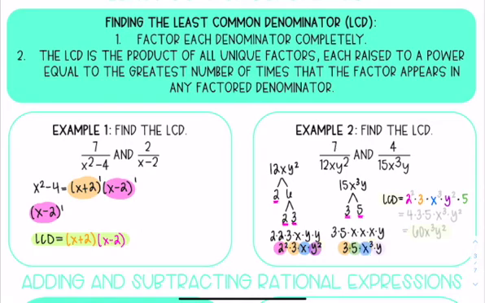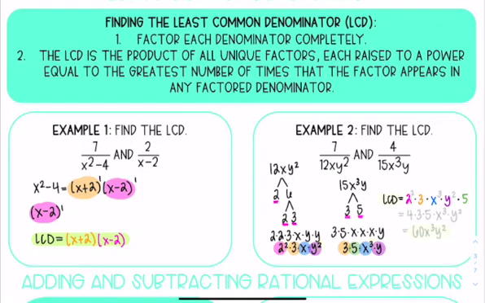We have x, and we have y. So now that I have all of the unique factors written down, we need to see if I need to adjust the powers. So it's the highest power that's present for that factor in either denominator.